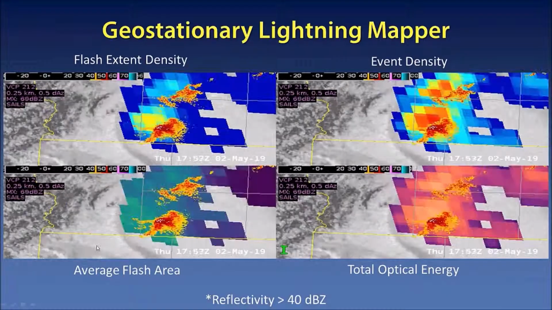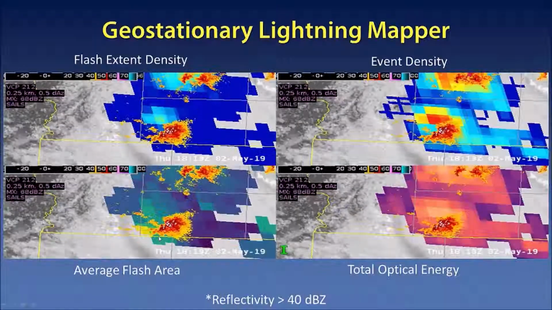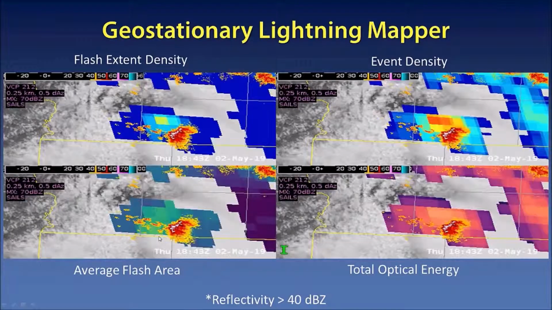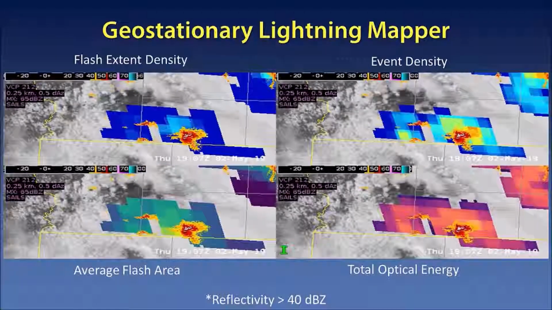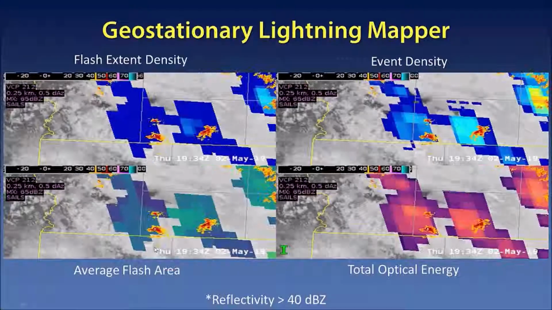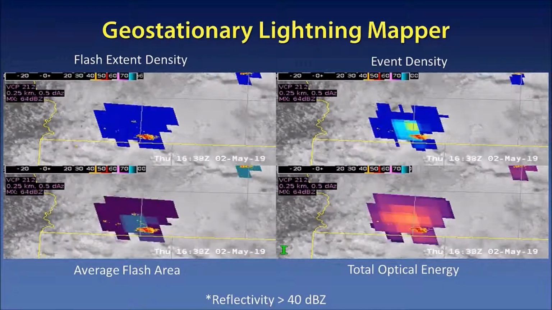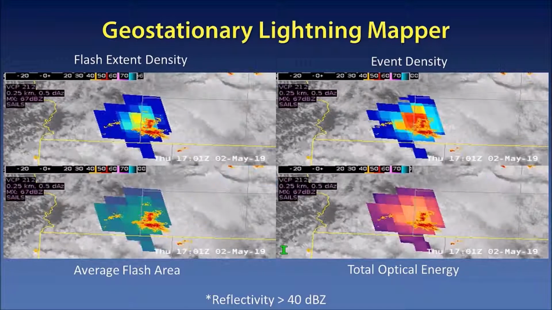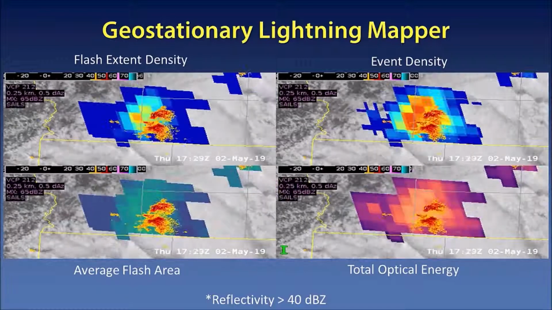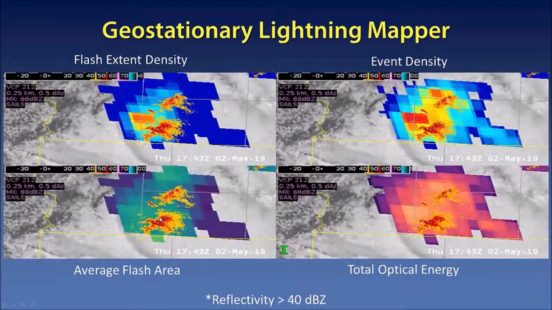Over here we have average flash area. This has potential use, again, for storm intensification and weakening. Usually when you have a developing thunderstorm, the total lightning values, the lightning is shorter in length. So you have a smaller average flash area right near the core of those thunderstorms.